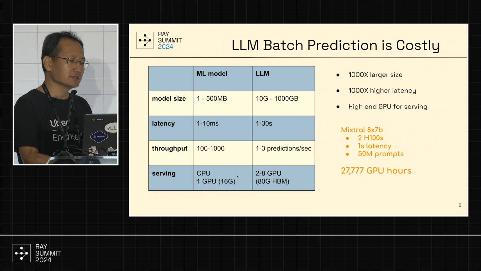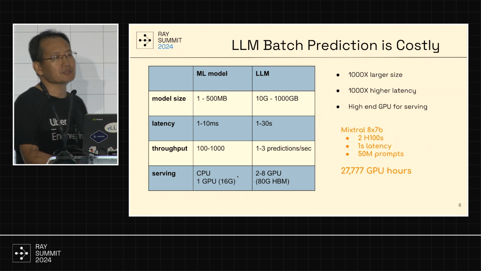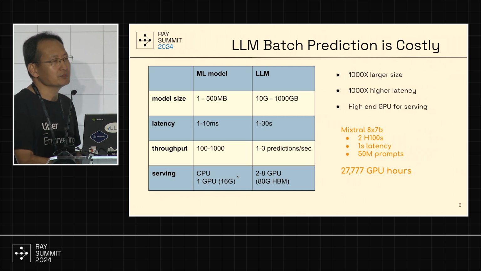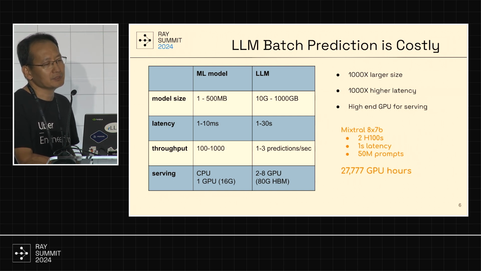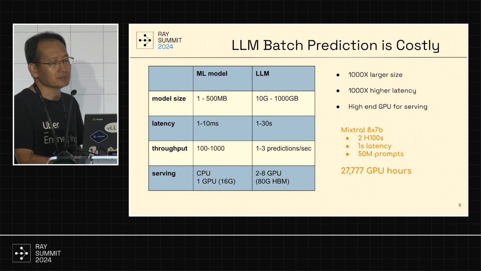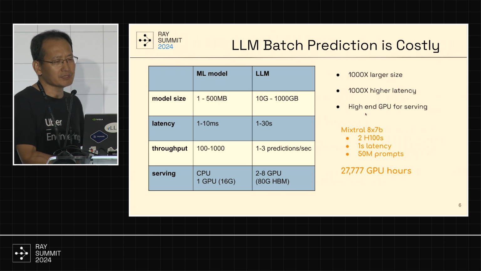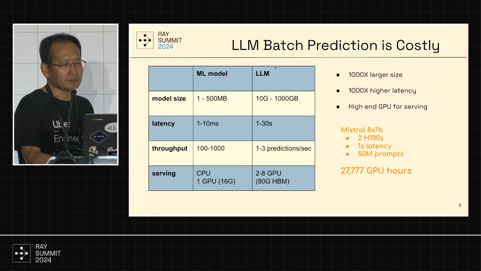For serving, traditional models can use a CPU or one GPU without a lot of memory. But large language models typically need multiple GPUs and a lot of memory to be able to host the model. In general, large language model batch prediction is pretty costly compared to the traditional model.